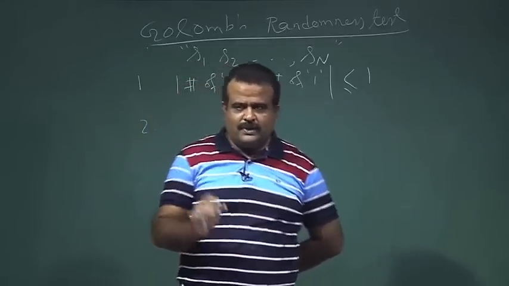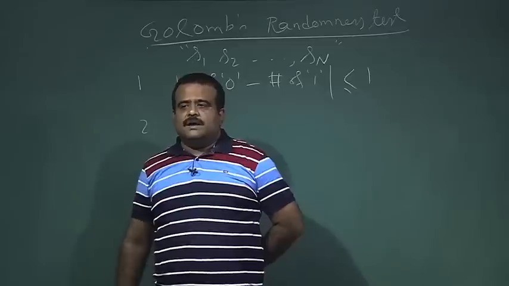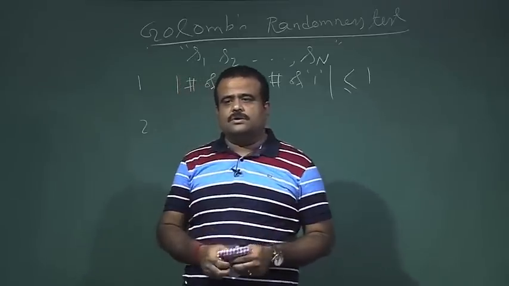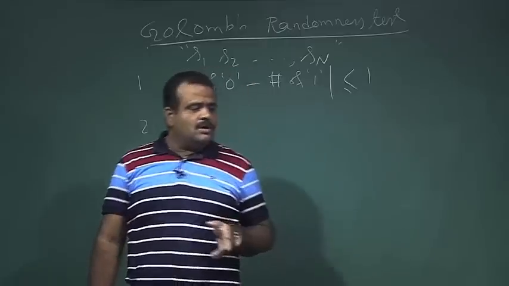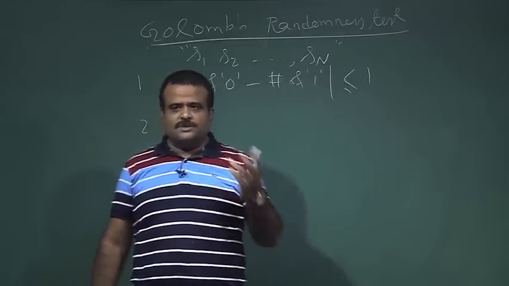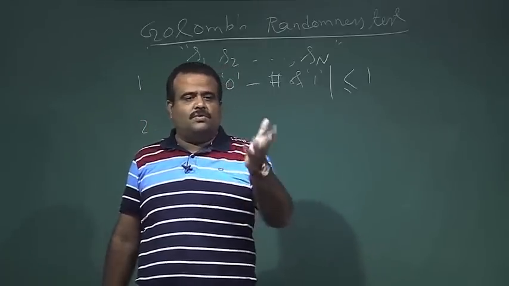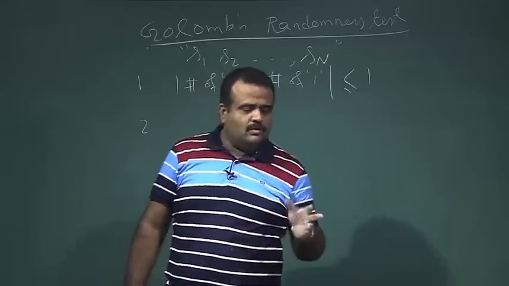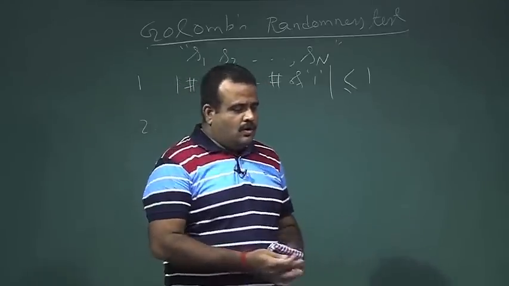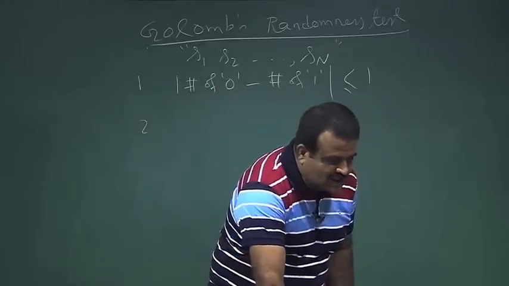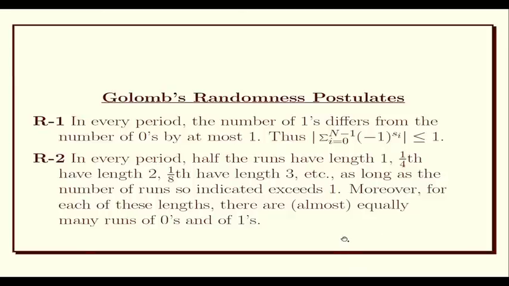We will take an example. We count how many runs there are. If there are 8 runs, then half of the runs, that is 4, should be of length 1, and 1/4 of the runs should have length 2, like this. So, this is the second rule, about runs.